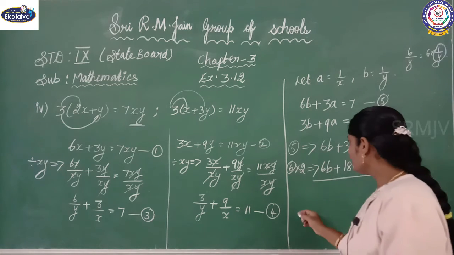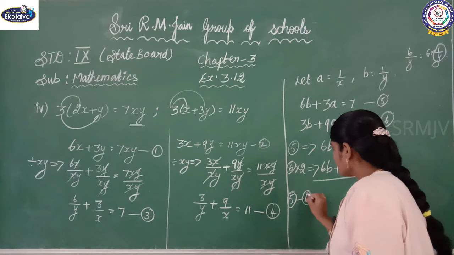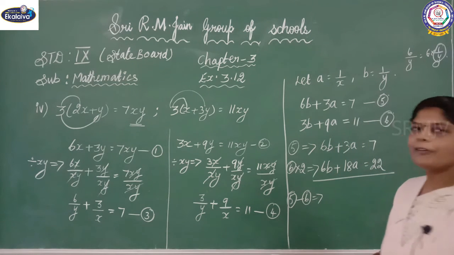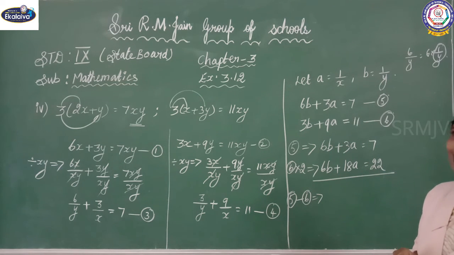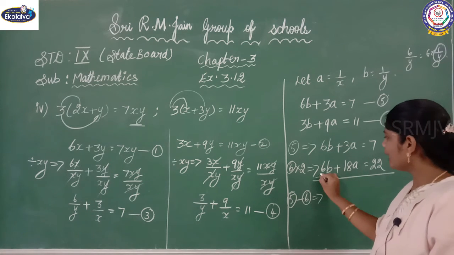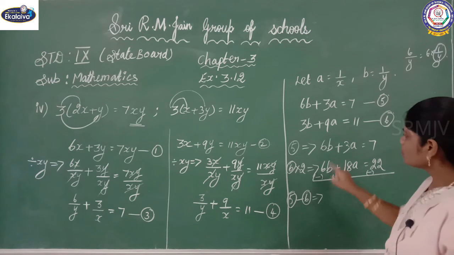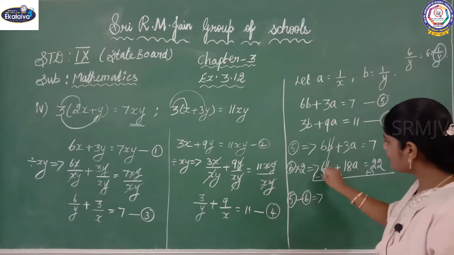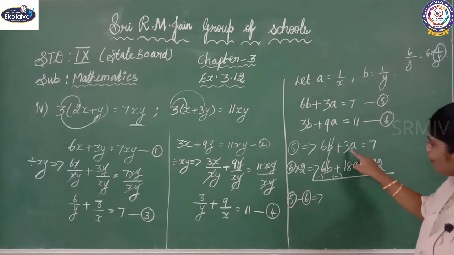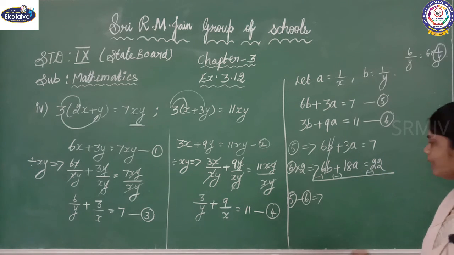So while subtracting these equations only we can eliminate. So I am going to subtract, 5 minus 6. If you want to subtract, you have to change the sign of the second equation. So minus, minus, minus. So plus 6b minus 6b cancels. Plus 3 minus 18, so what will you get, children?